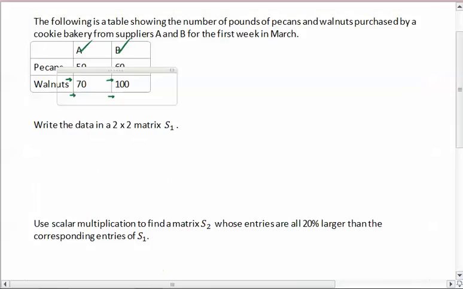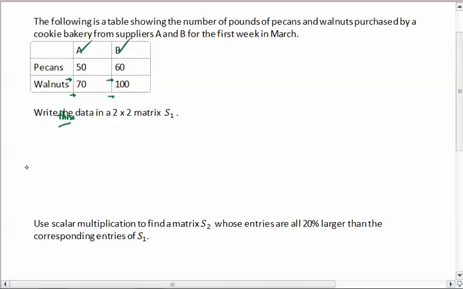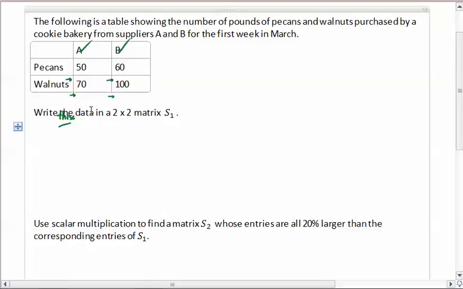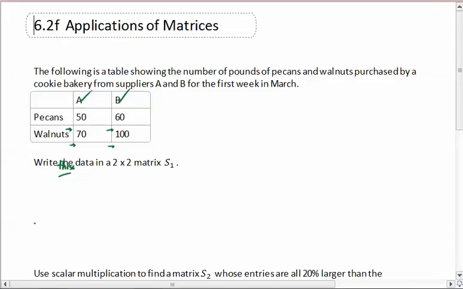So we're asked to write these data in a 2 by 2 matrix. Oops, what in the world happened to that? I don't know what happened just then. Let me go back.